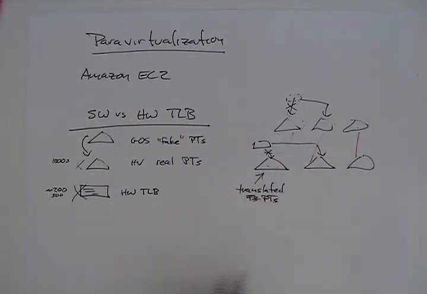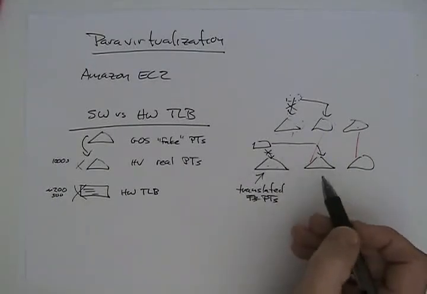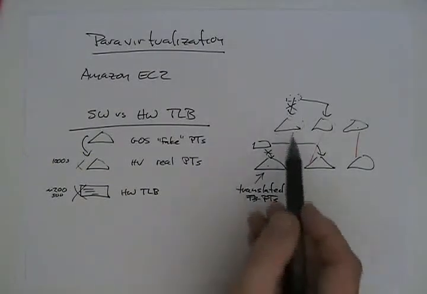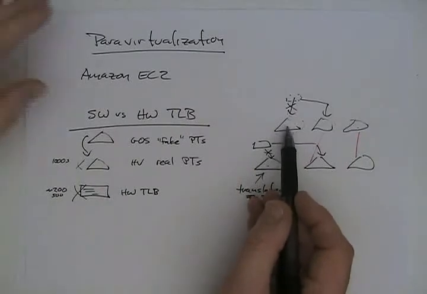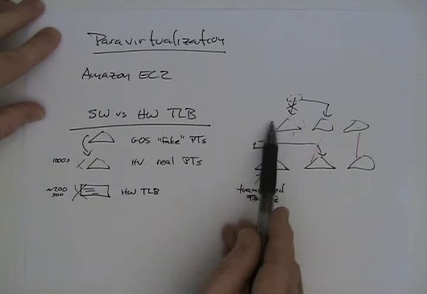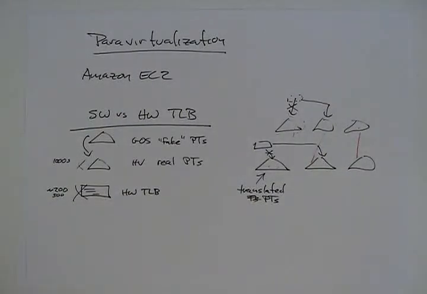So we can get higher efficiency by saving them. We introduce complexity by saving them. But unlike hardware, it's much easier to deal with complexity in software, and we do it by using tricks such as write protecting these and so on.